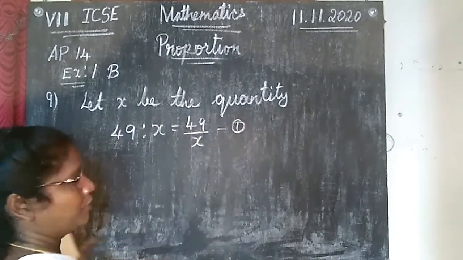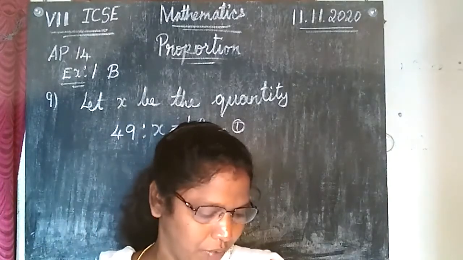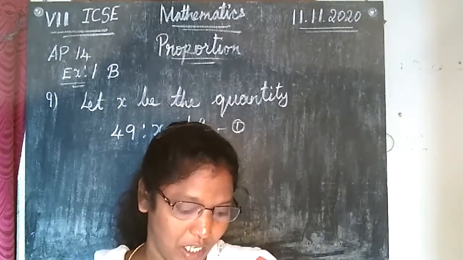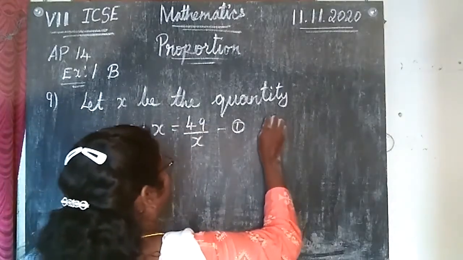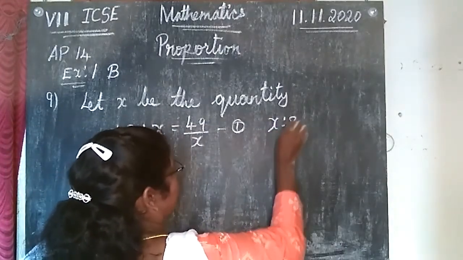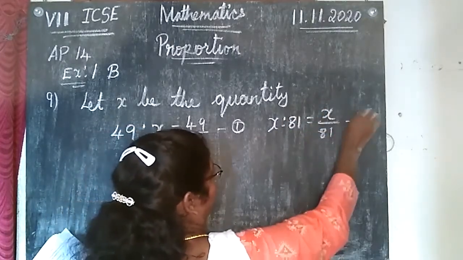This is number 1. What is the other ratio given? The same as the ratio that the quantity bears to 81. That means x bears 81, which can be written as x by 81.